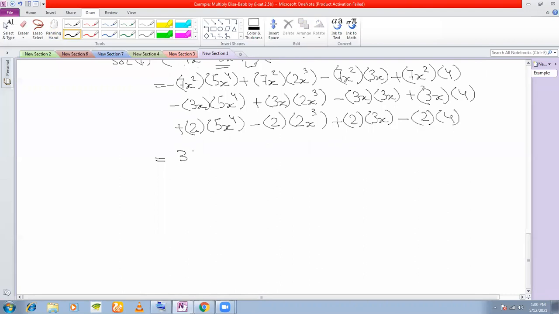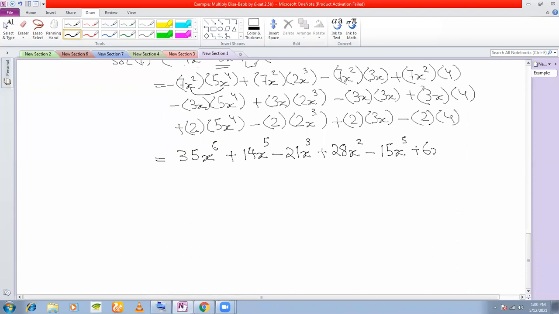So this is 5 into 7, 35. x square and x to the power of 4 will combine, you can add the powers, you get 6. Plus 7 into 2, 14 x to the power of 5. Minus 21 x cube. Plus 28 x square. Minus 15 x to the power of 5.